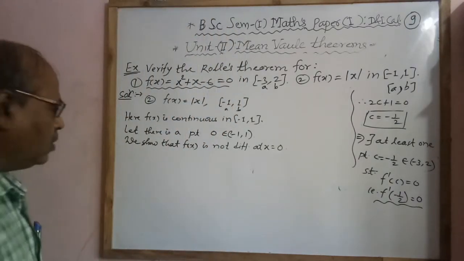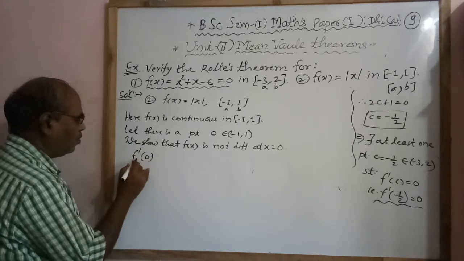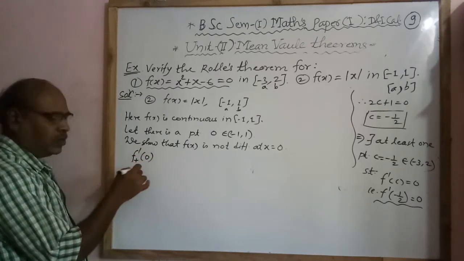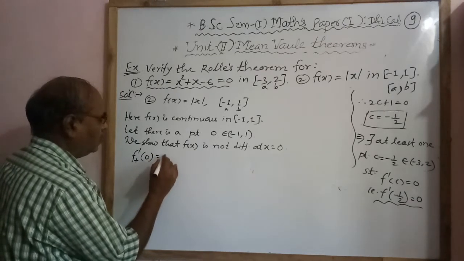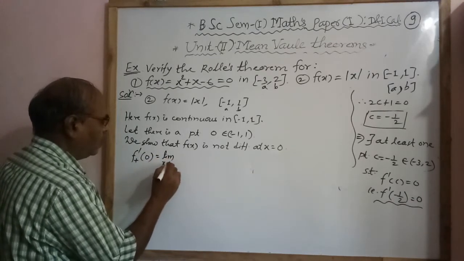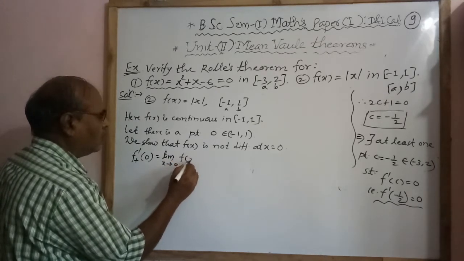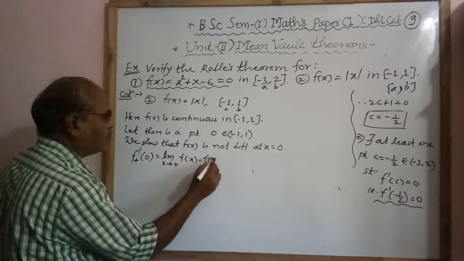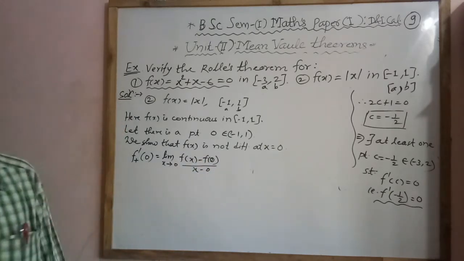First we find the right hand derivative, f dash of 0 plus. The right hand derivative equals limit x tends to 0 of f of x minus f of 0 divided by x minus 0.